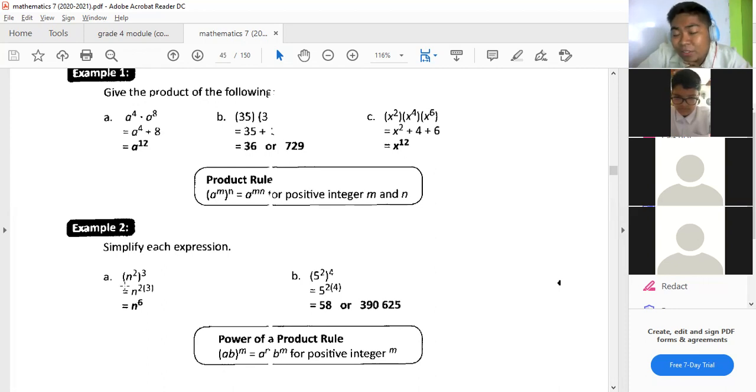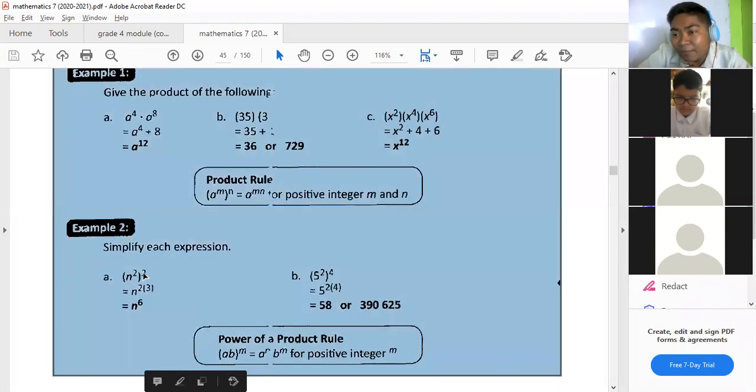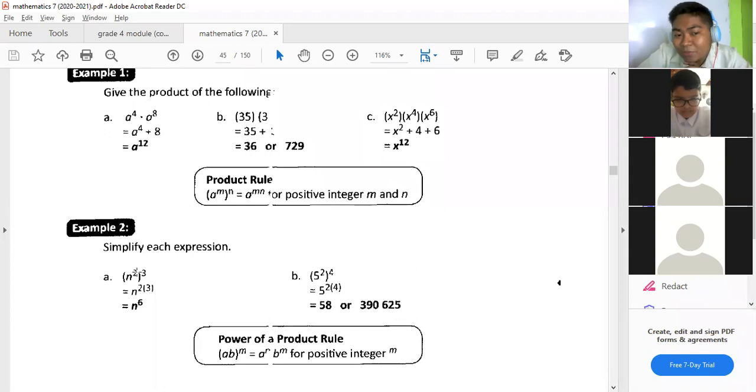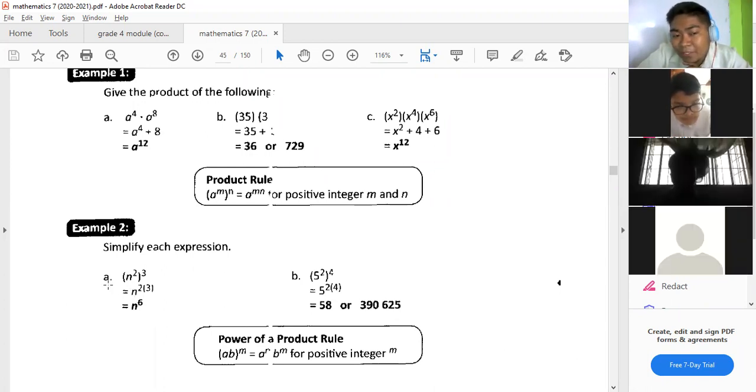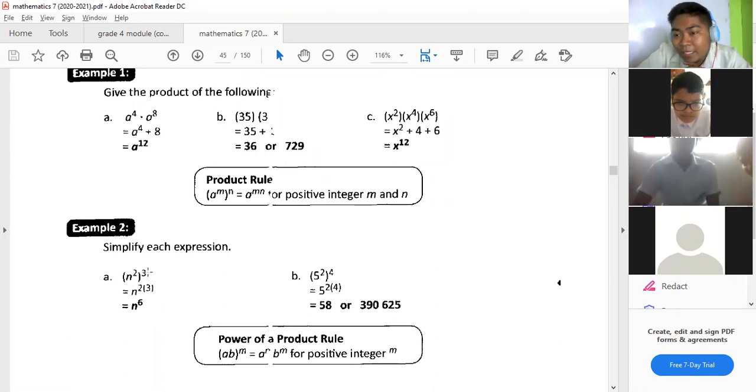So, ang sabi niya dito, n raised to 2 raised to 3. So, pangalawang raise. So, ang gagawin mo lang dyan ay i-multiply. 2 times 3, that would be 6. Basta ang gagawin mo lang dito is to copy the variable. So, copy the variable, multiply the exponents.